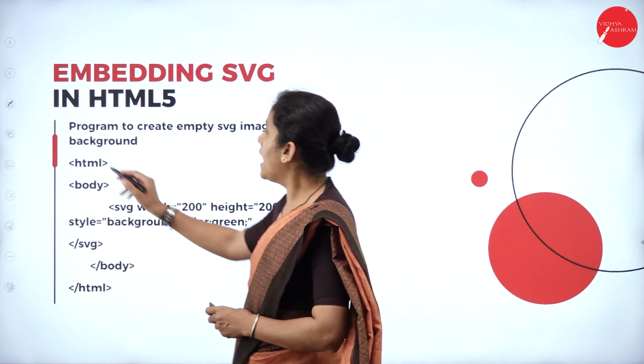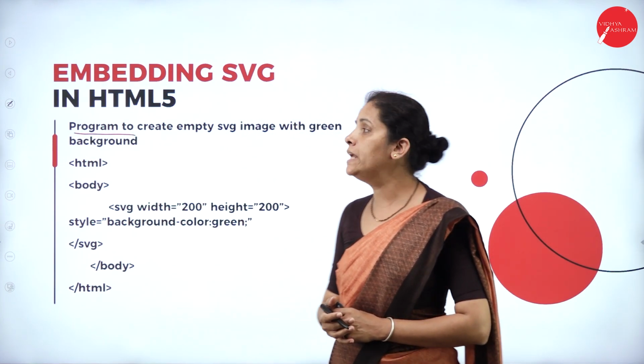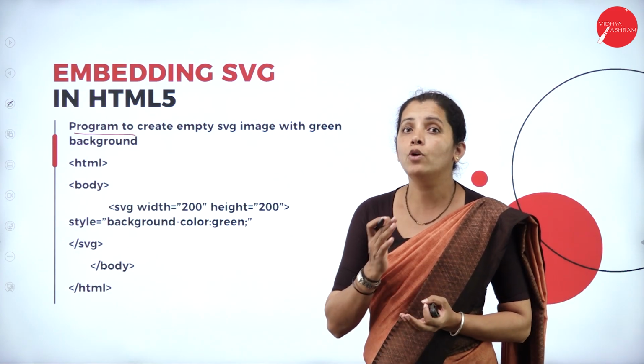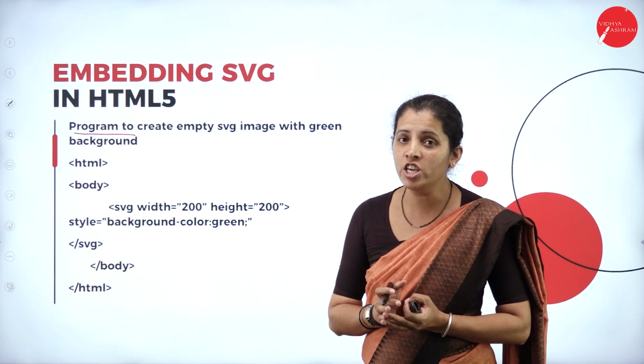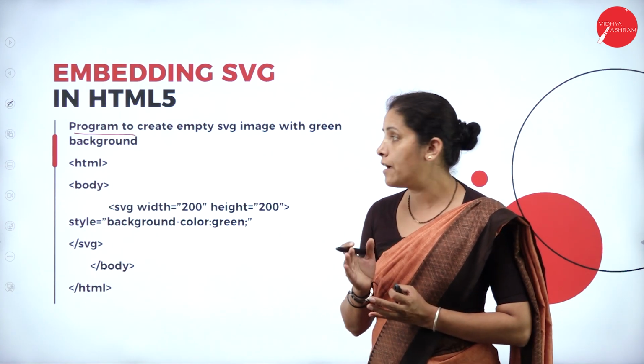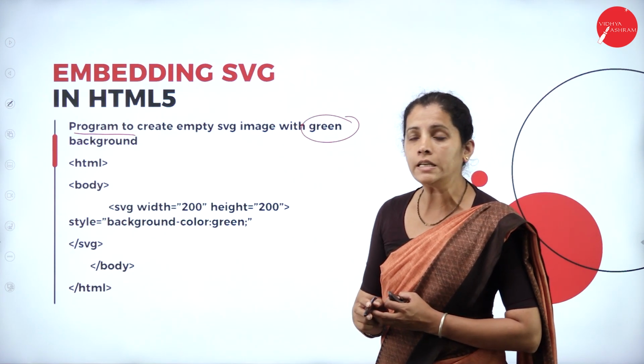So I have a program to create an empty SVG image with a green background. I want to create an SVG image, that is scalable vector graphics, and the background color is green.